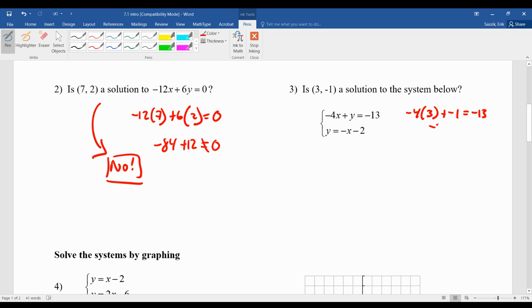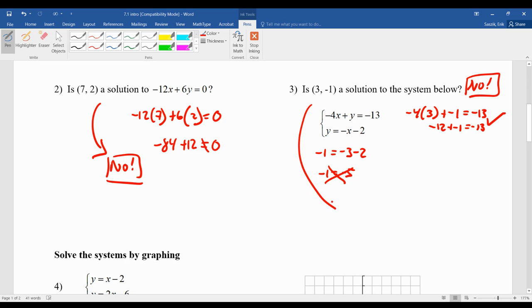And I would get -12 plus -1, and that would be -13. But remember, that doesn't mean it's a solution. We have to try the second one too. So this says -x, so that would be -3 minus 2. Remember, -3 minus 2 is -5. So it doesn't work there. So this one is no.